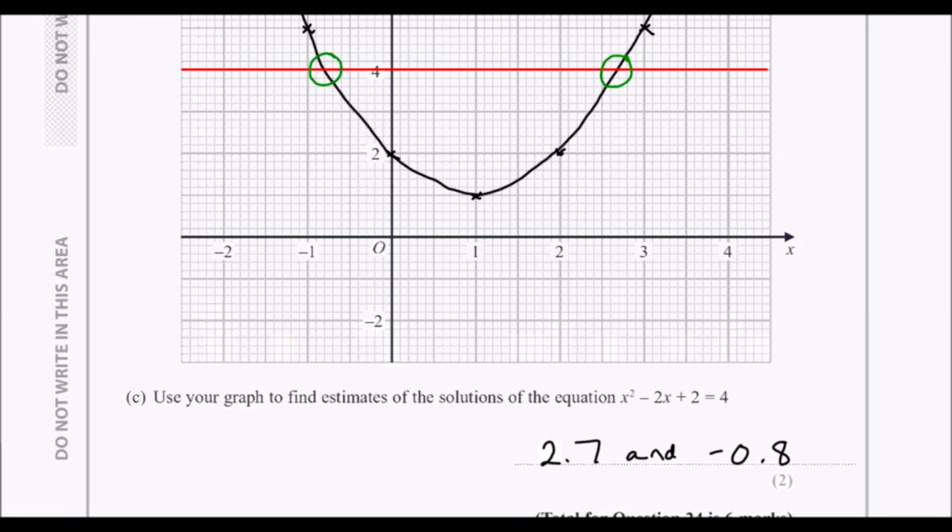So your answers might be slightly different to these, but something in that region, in that area from your graph will be acceptable as long as your graph is drawn correctly.